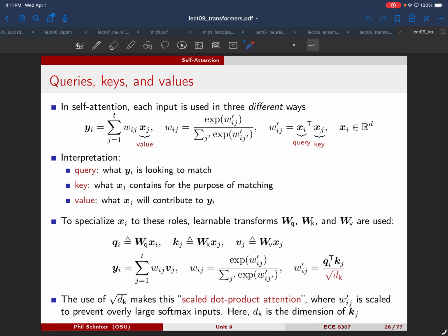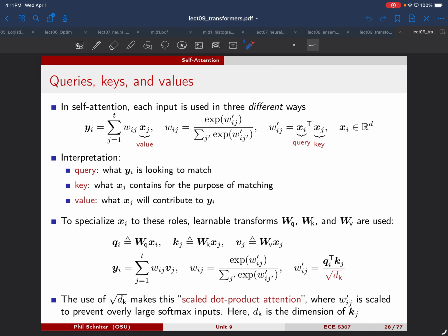So we have a linear combination of those, and then the weights that are used for the linear combination are computed this way using inner products. And Qi is a transformed version of Xi, and Kj is a transformed version of Xj.